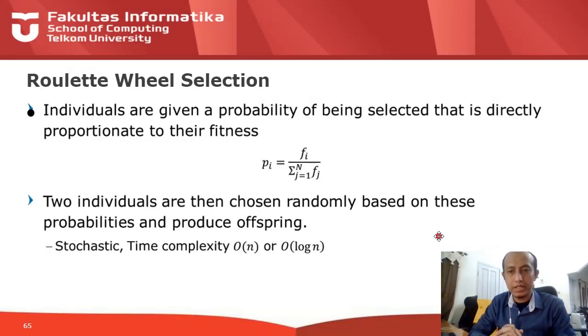For roulette wheel selection, individuals are given a probability of being selected that is directly proportional to their fitness. So we generate a random number, and the higher the fitness, the more range of numbers represented by that solution, giving that solution a higher chance of being selected by the random number generator.